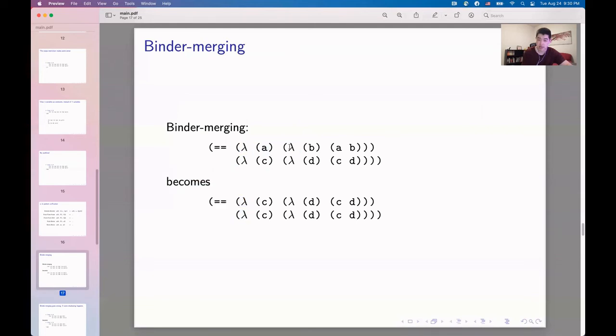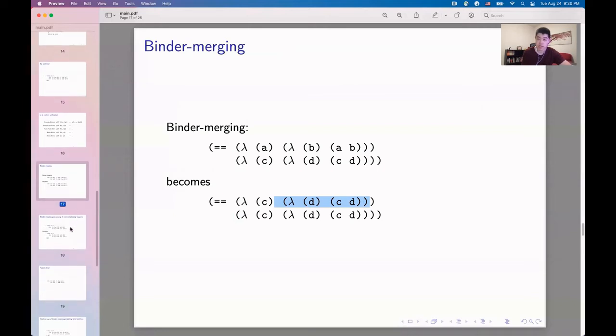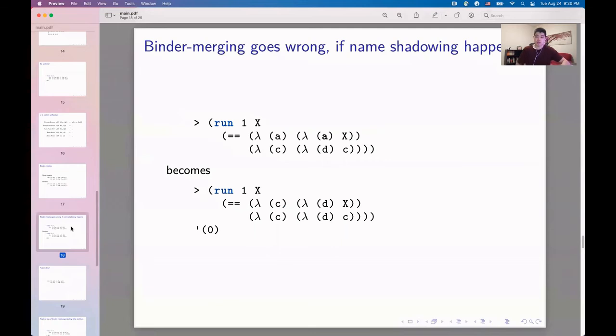Imagine you have lambda A, lambda B, A applied to B versus lambda C, lambda D, C applied to D. Then binder merging is going to convert the first term to lambda C, lambda D, C applied to D. This is fine. Now let's look at an example where name shadowing occurs. What if we have name shadowing in the first binder?